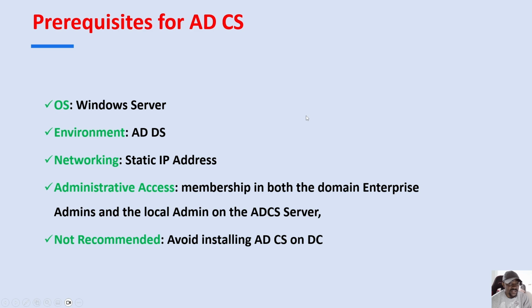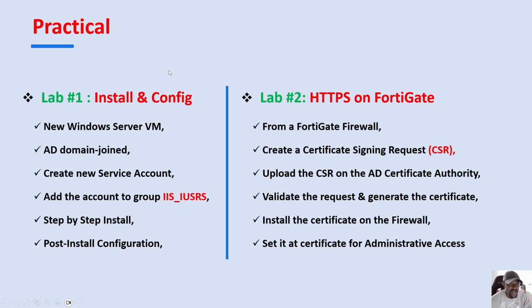We saw the prerequisites to install ADCS, and in that video we started with lab 1 where we installed ADCS. We did the step-by-step installation of ADCS. So today we are going to follow up with post-install configuration.